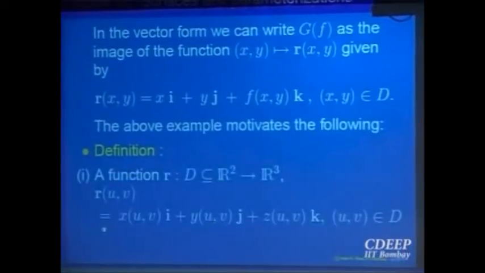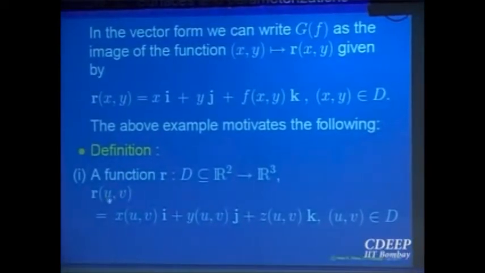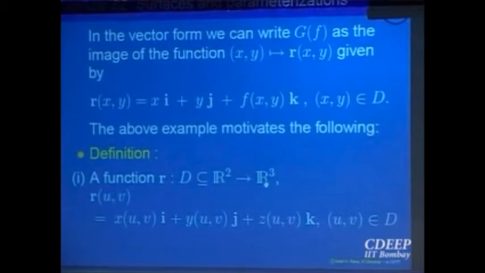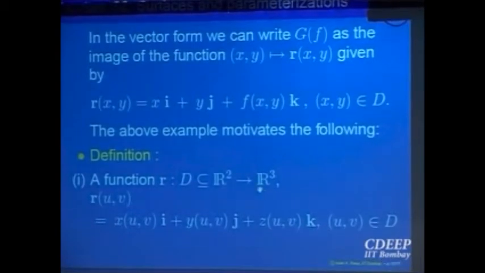So let us write the definition. A function r of two variables taking values in R3. That's why I said a surface is a higher dimensional object compared to a curve.